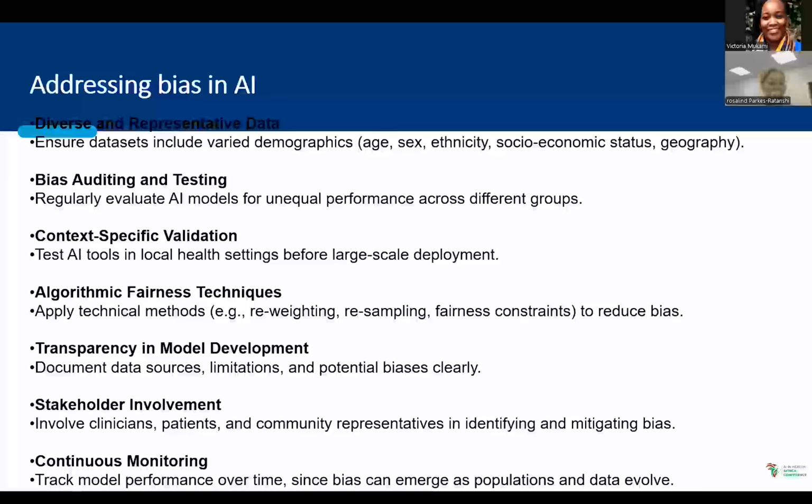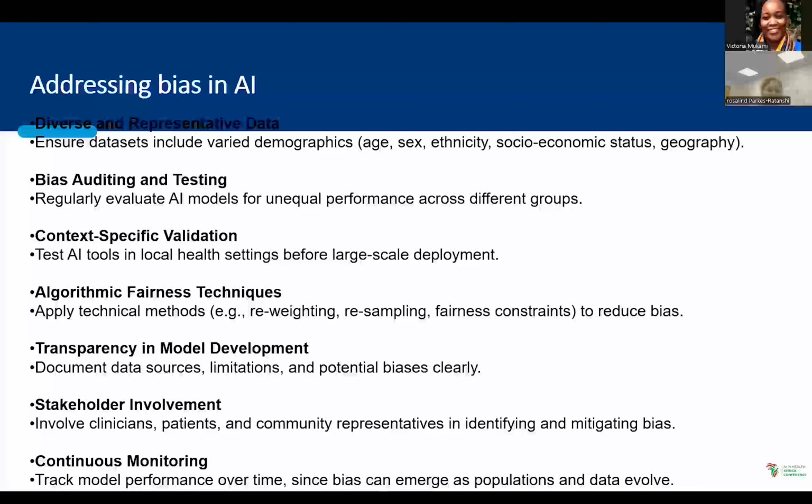Okay. So, for this, you have the slides. This is just summarizing what we've talked about in slightly more technical language. I think we've mentioned the diversity, we've mentioned the bias auditing, the context-specific validation. So this is something that we haven't discussed, and Henry kind of touched on it with underfitting and overfitting. But basically, when you take a model from one setting and try it in another setting, you can get discrepancies.